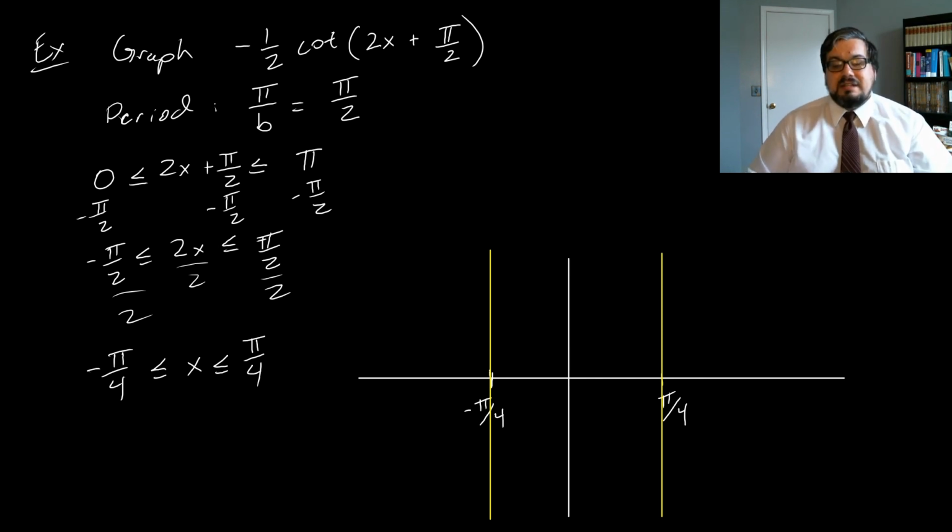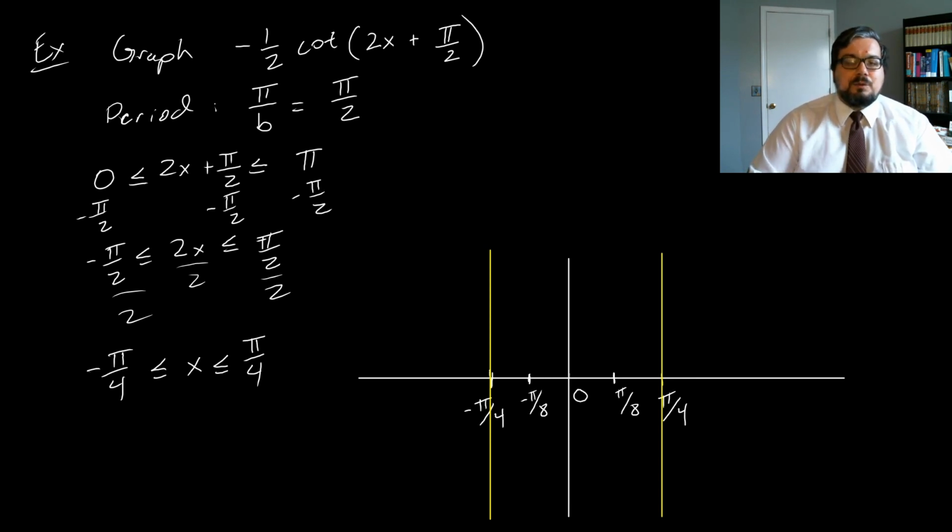We want to split it in half, and in this case, this interval happens to be centered around the origin, so 0 is the halfway point here. And then we want to give our halfway points, which in this case will be negative pi over 8, and then pi over 8, because those are the halfway points in between the origin and the two asymptotes.